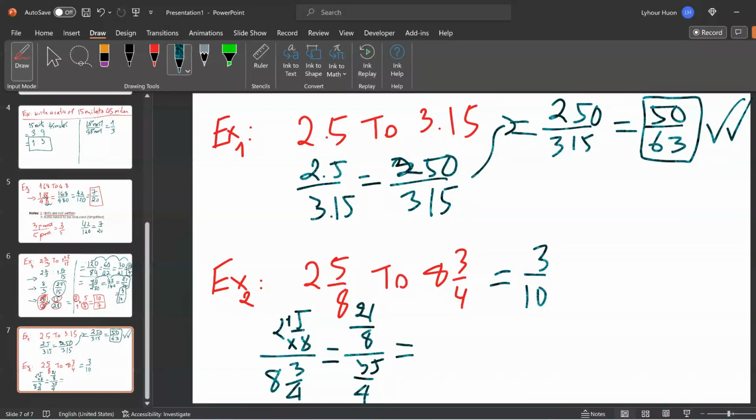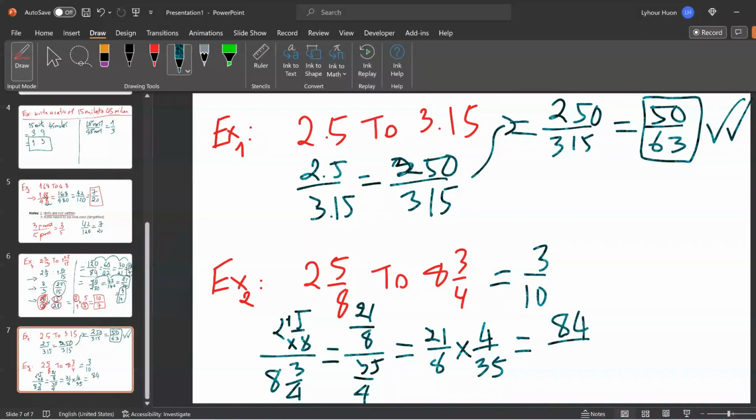Now we divide two fractions. Fraction divided by fraction, we do 21 over 8 multiplied by 4 over 35. And then it's equal to 84 over 280.